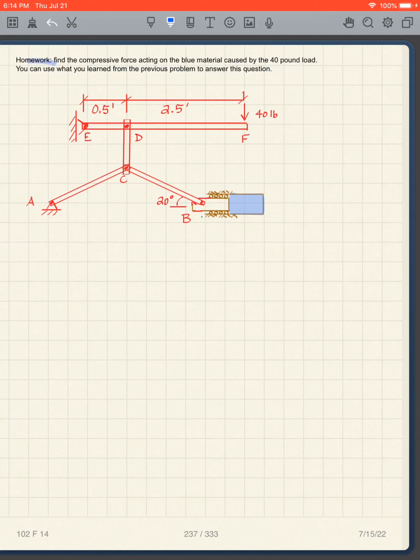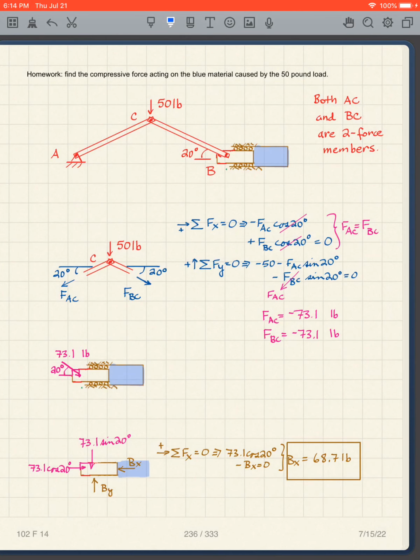So I want you to use what we learned in the previous problem. And just to remind, what did we learn? We learned if we press 50 pounds here, I get 68.7. Well, if I put 100 pounds here, what are we going to end up with?